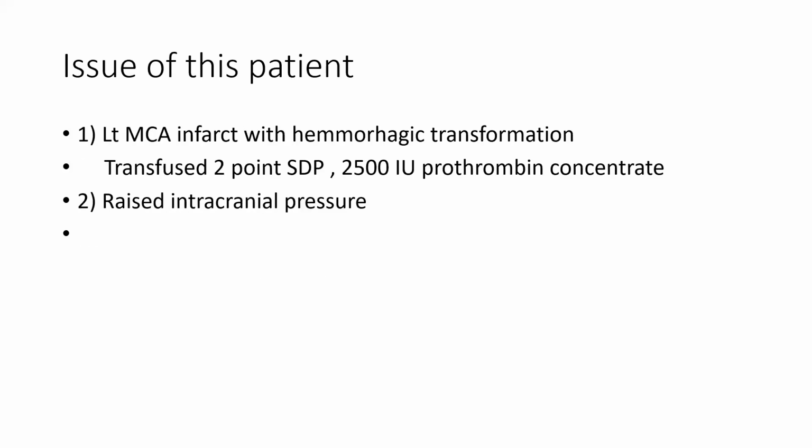So the issue with this patient was a left MCA infarct with hemorrhagic transformation, which was causing the raised ICP. Because of this, we transfused her with 2 points of FFP and 2,500 units of prothrombin complex concentrate.